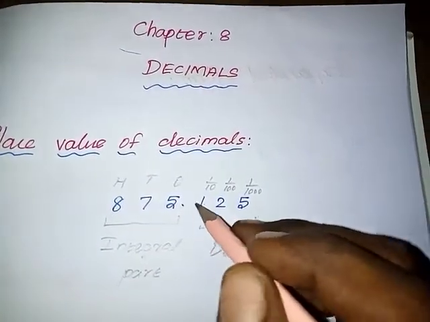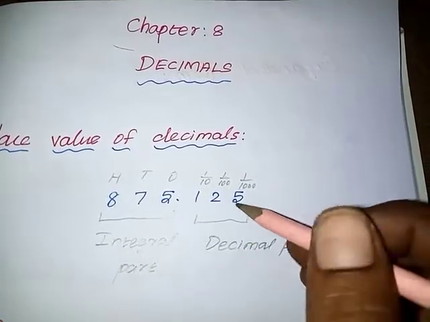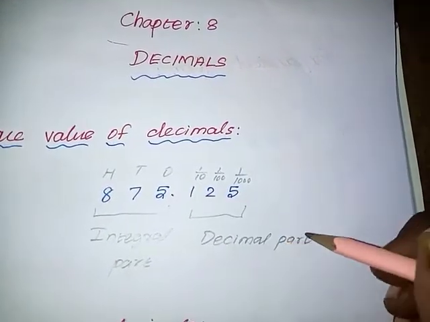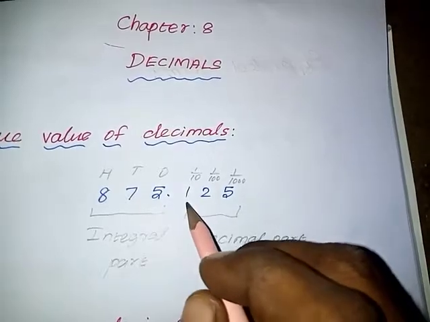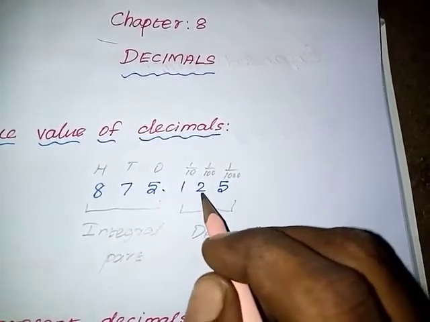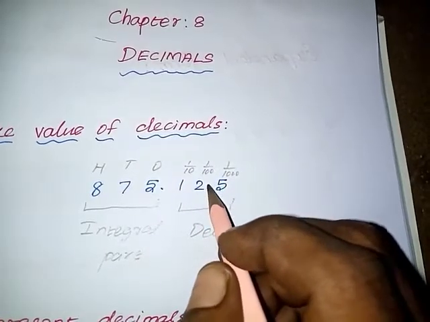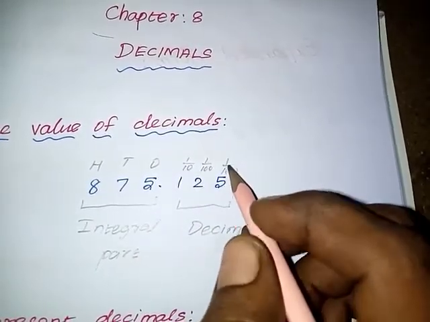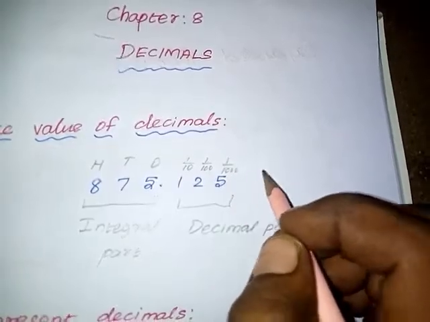From the decimal point, the right side is the decimal part. So the 1 is represented as 1 by 10, and 2 is 1 by 100, and 5 is 1 by 1000 and so on.